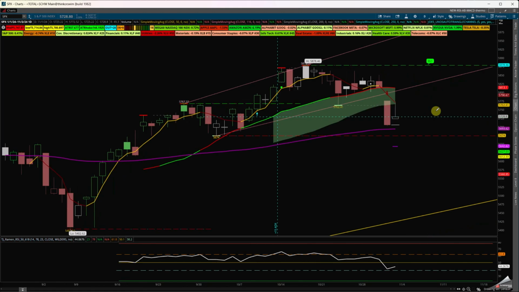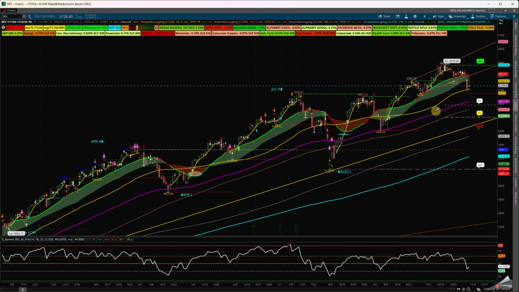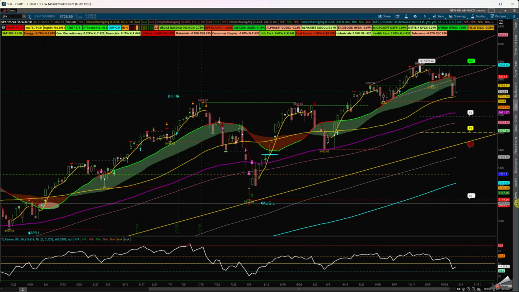What I'm going to do is go over all the values in relationship to where we are today from the August low. If I zoom in from this area here and look at the overall technical, you can see when the 5 simple moving average and the 18 cross, this becomes a little bit more bearish on the daily chart.